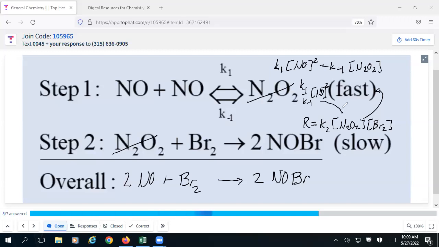And so if I shove that in for N2O2, I end up getting rate is equal to K times nitrogen monoxide squared times bromine.